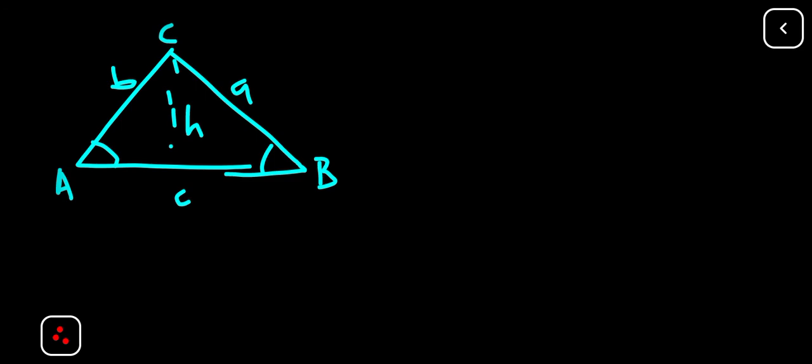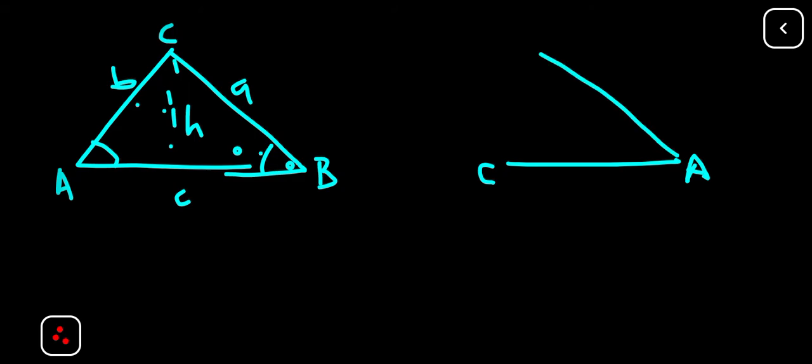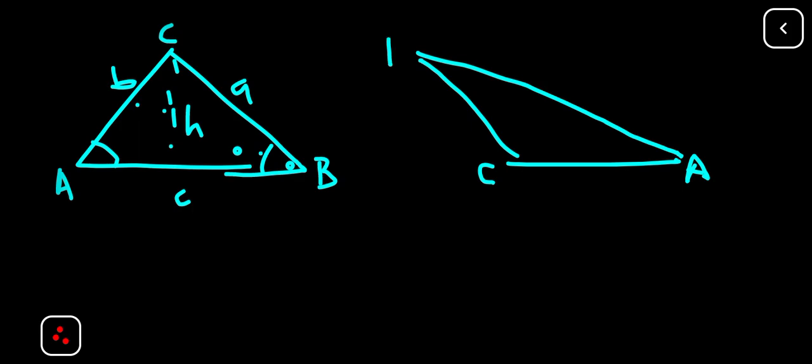But this time, we're going to draw a line here and turn the triangle so that it looks something like this. So C and A will be at the bottom, then B will be somewhere at the top. Now let me not make it a right-angled triangle. So I'm going to do something like that. Okay, so B will somehow be here.